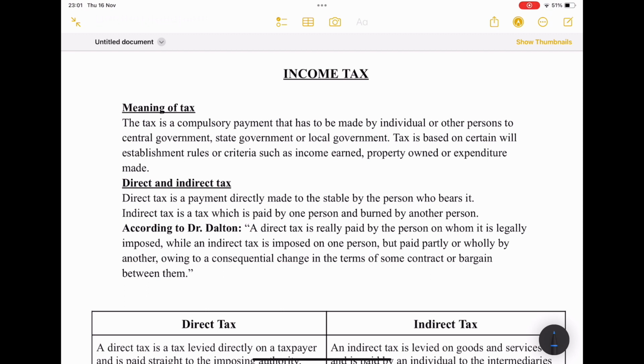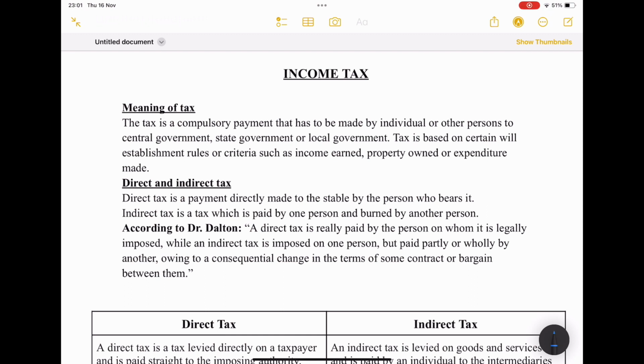Even educational scholarships from the government we get through these kinds of taxes only. Whatever we are receiving from the government, we have already paid to the government. In return, the government is providing all these facilities, isn't it?